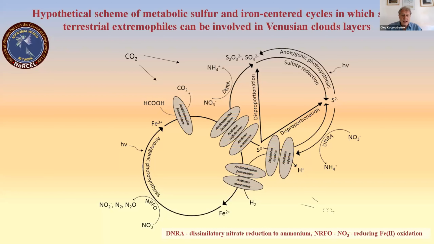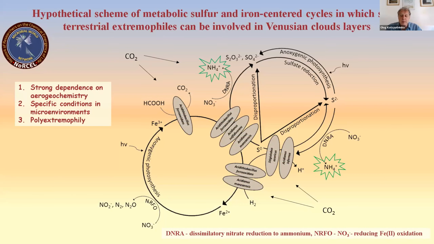On this slide, possible coupled biogeochemical cycles, including redox reactions with sulfur and iron compounds, are presented. Some terrestrial extremophiles may also participate in these cycles.